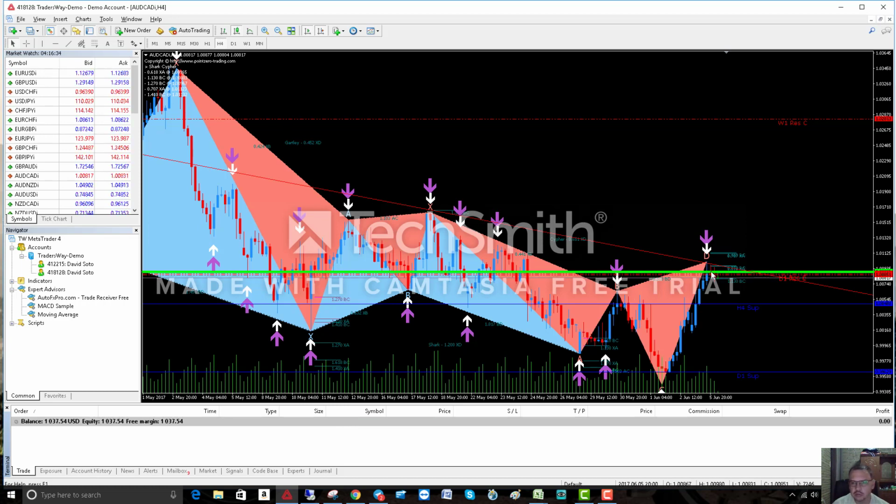I drew a green line right here for the strike rate for the pending order, and the price came in up here. What I did was I set a sell stop for the green line.